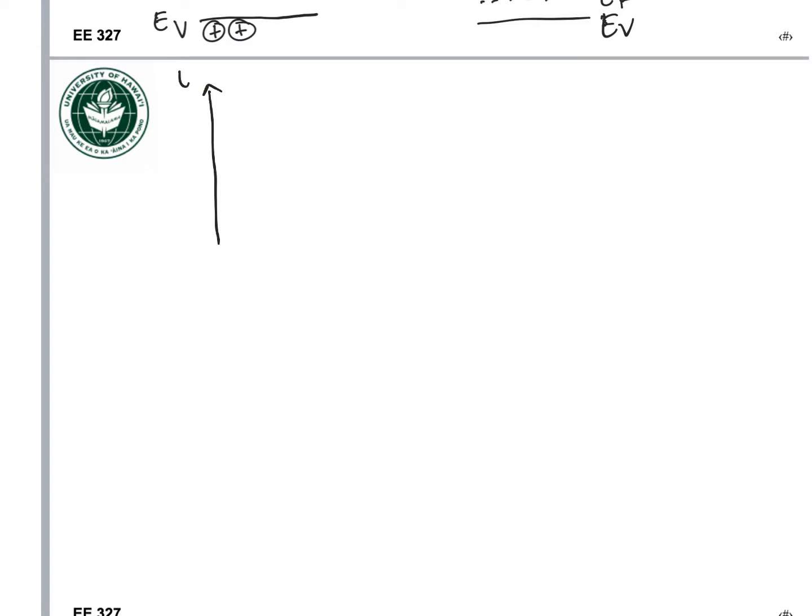So if we look at energy, I'm plotting two x-axes at once. One is going to be the Fermi-Dirac probability function.